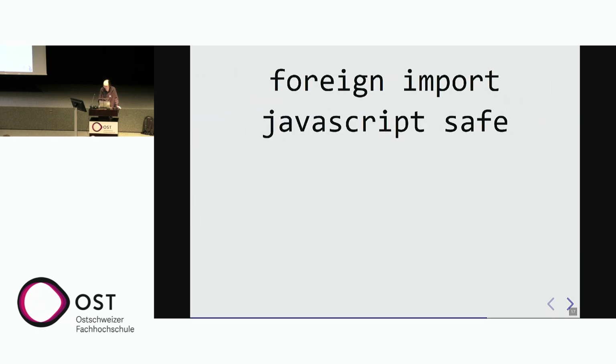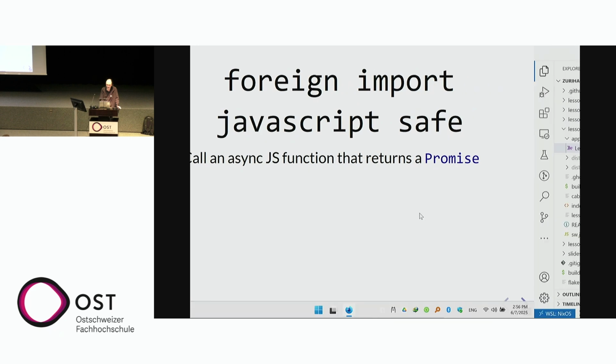Another thing that we need to demonstrate in lesson 4 is the new language construct, foreign import javascript safe. What it does is it imports the asynchronous JavaScript function to Haskell, and that JS function is expected to return a promise.